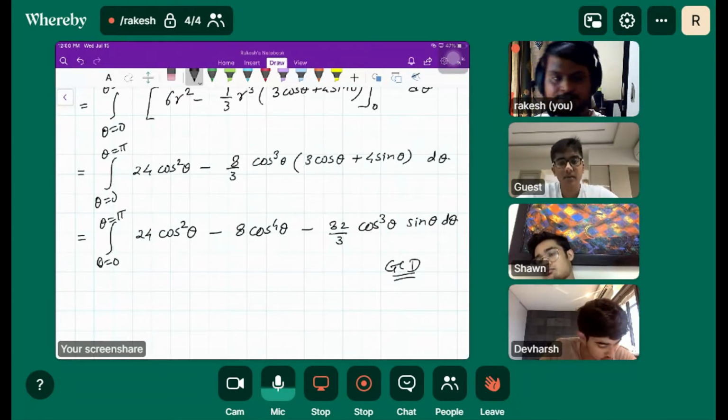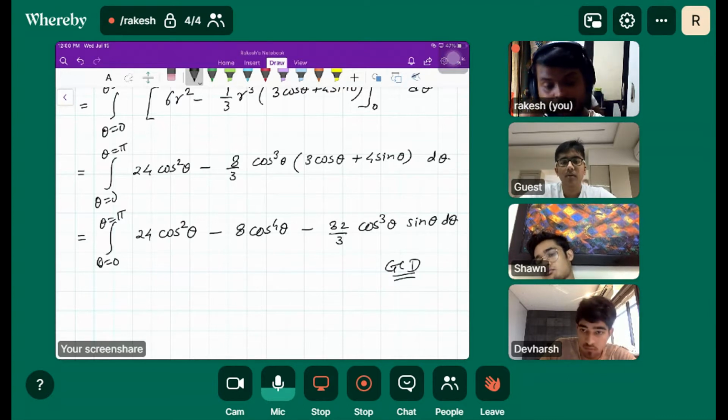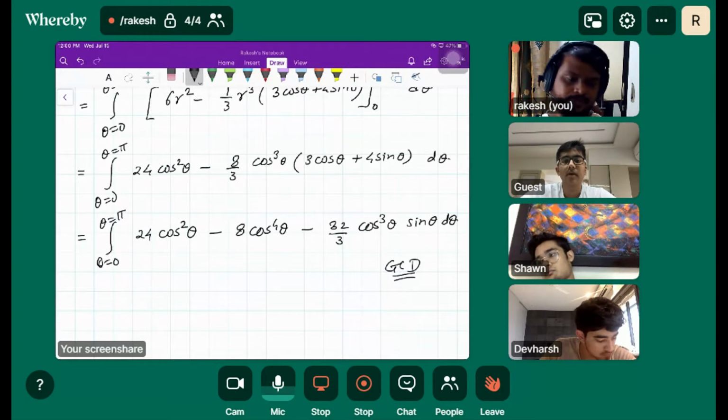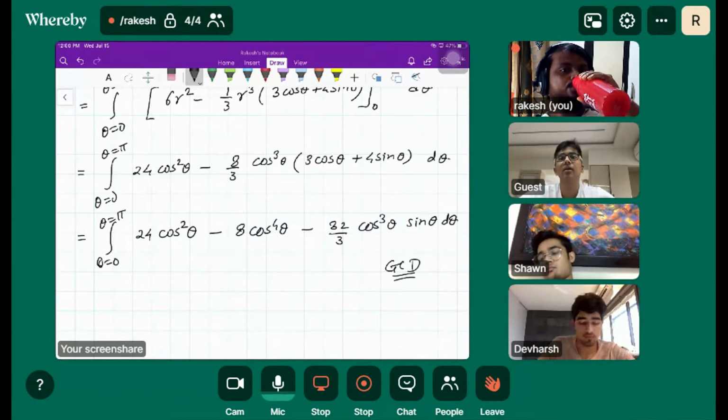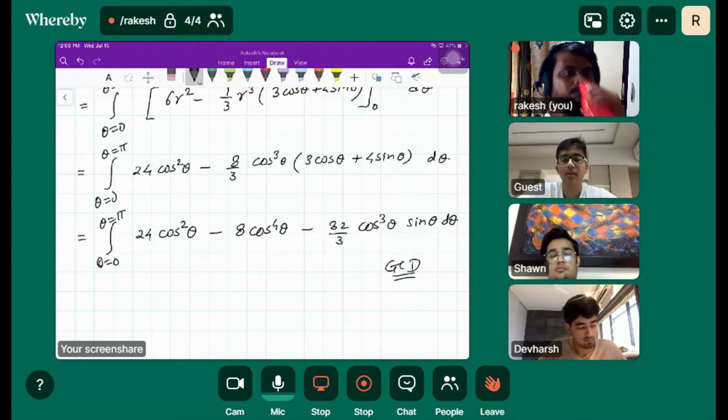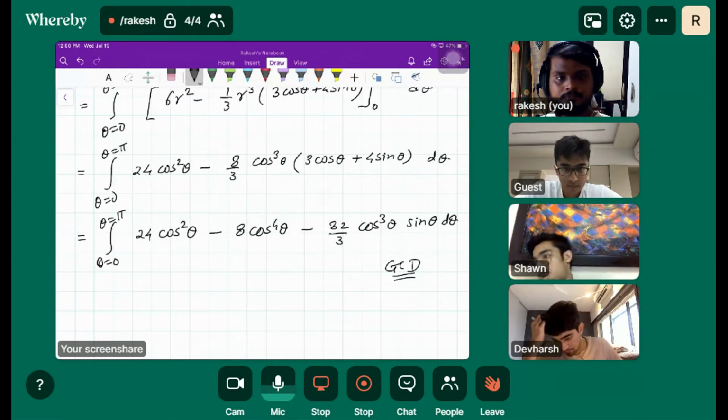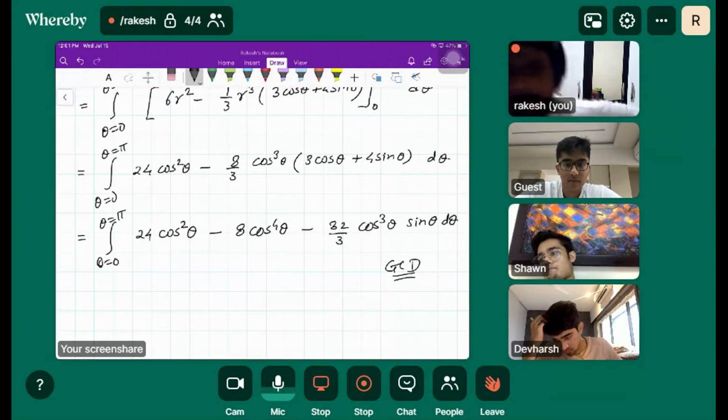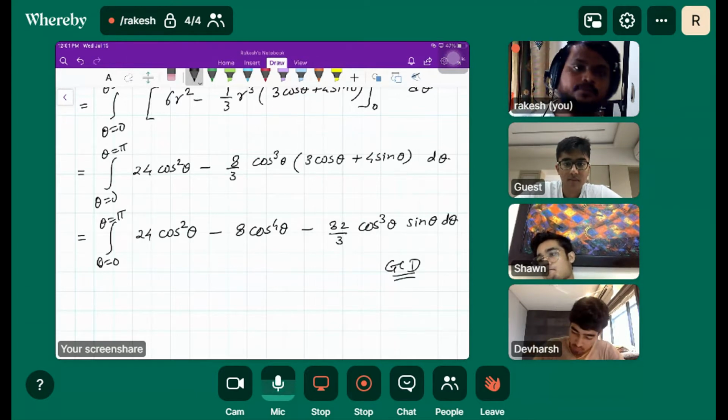Minus 32 radian will be a negative value only. Let me check. Where did you get that? 32 by tan theta, d theta. I got the same. This is right.